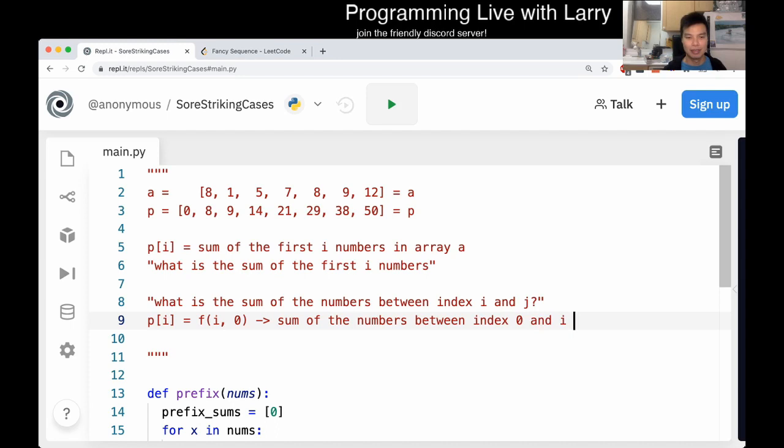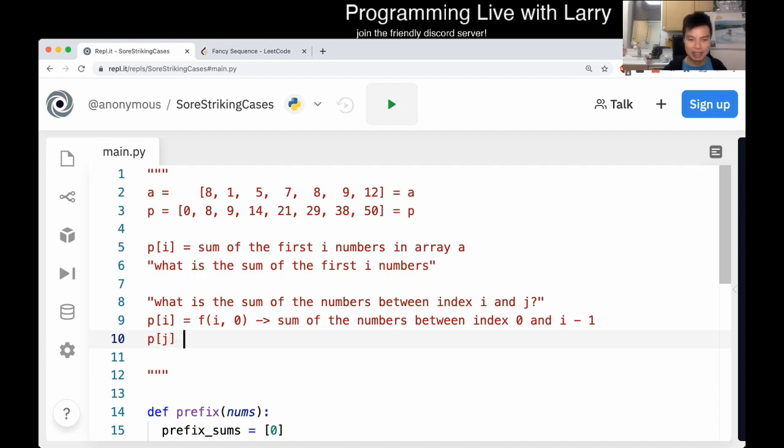I think i minus 1 actually. And therefore you could do it again for j, which is the sum of the numbers between index 0 and j minus 1. So maybe you have to do plus 1 or something like that.